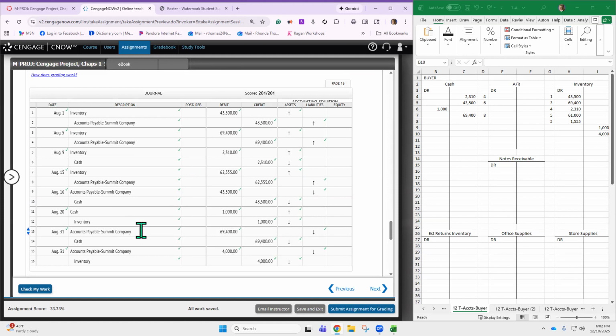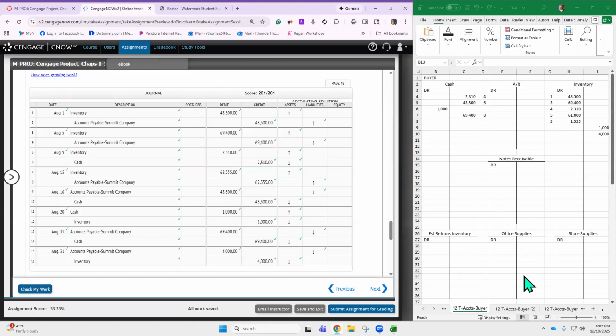Where is your red showing up? From 9 to 14. Just the debits and credits. Okay, are your debit and credit in 7 and 8 okay, where you combined those two amounts that we did? Yes. Good. Okay, so now, this is paying the very first invoice.